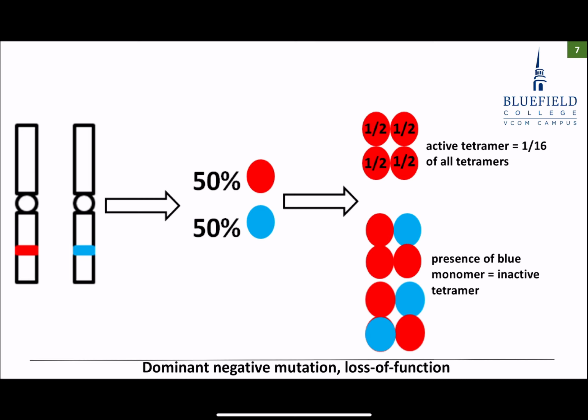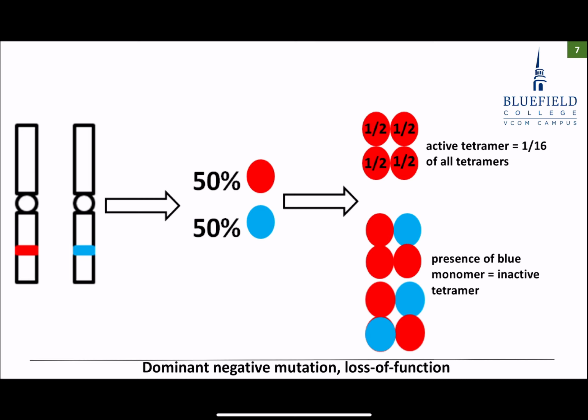So what happens if one of these alleles is mutated? And this mutation here is shown as blue. So this is active tetramer, and when you now play with the combinations that are possible, you may have 16 possible combinations, right?